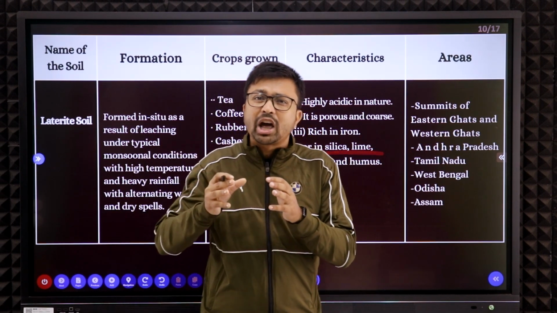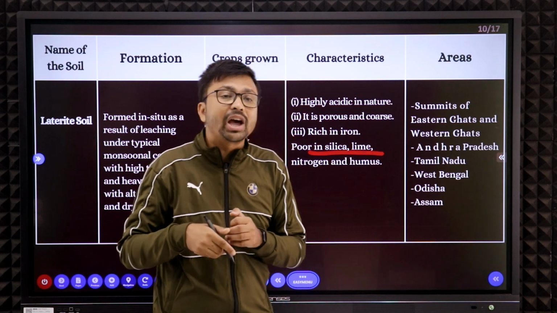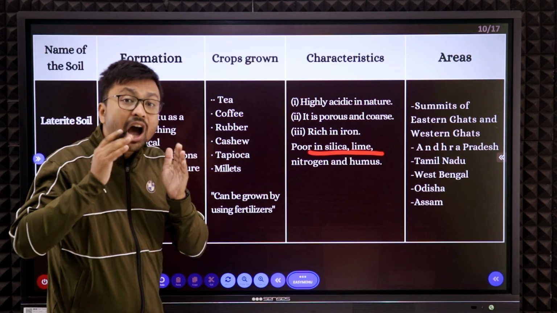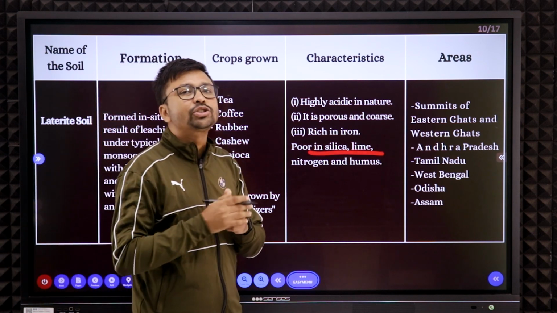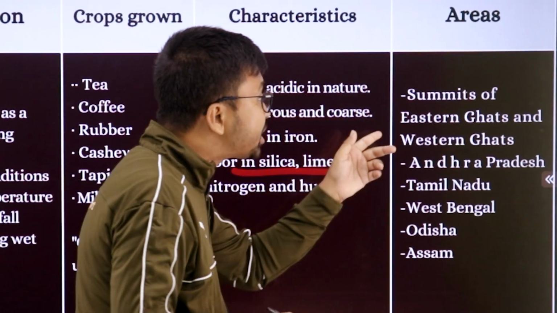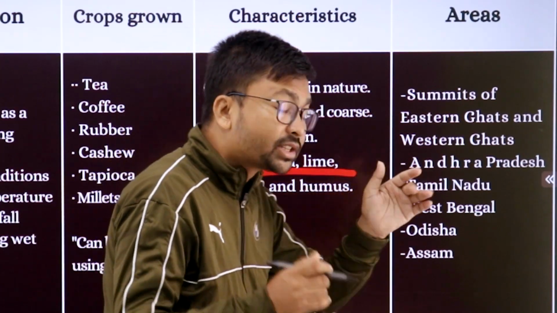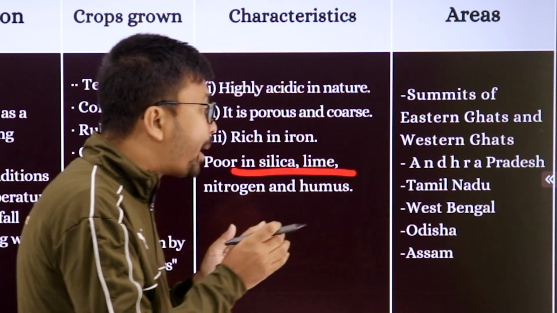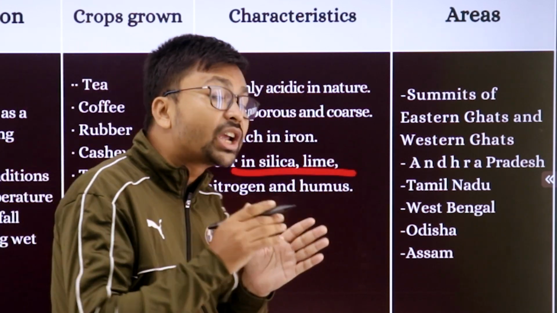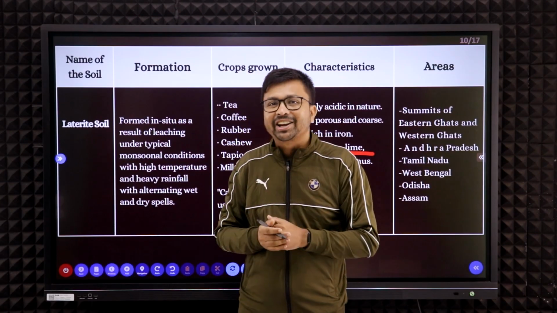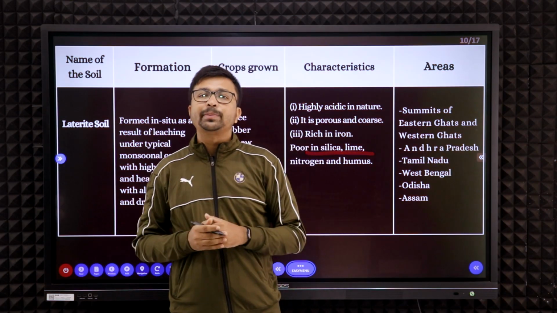Basically laterite soil is found around the red soil area, and its main component is also iron oxide. That's why this soil also looks red in color. The areas are the summits of the Eastern Ghats and the Western Ghats, and state-wise, Andhra Pradesh, Tamil Nadu, West Bengal, Odisha and Assam are the states where you will get laterite soil. That's it for the types of soil.